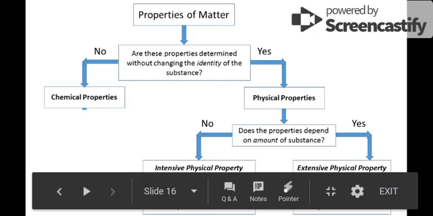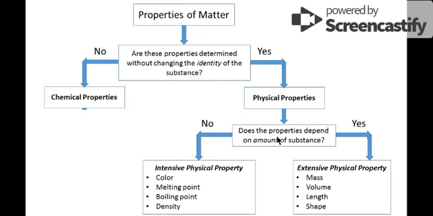Do these properties depend on the amount of the substance? If it is dependent on the amount of substance, then you can go extensive physical property, such as mass, volume, length, and the shape. If it does not depend on the amount of substance, then we call that the intensive physical property of matter: color, melting point, boiling point, and density.